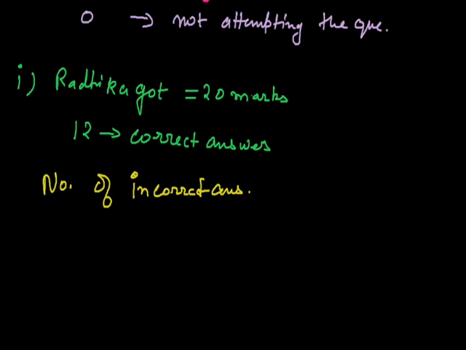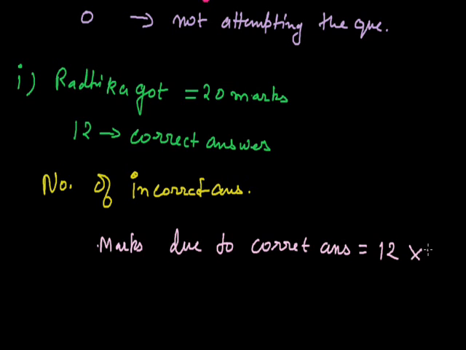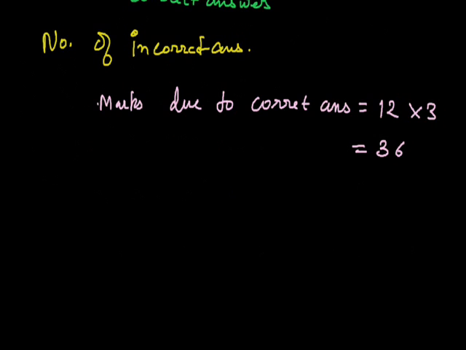Now due to correct answers, the marks she would have obtained would be 12, that is the number of correct answers, into 3, which is the marks for each correct answer, that means 36. She would have got 36 marks, but she got 20 marks. So the decrease in marks will be 36 minus 20, which is equal to 16.